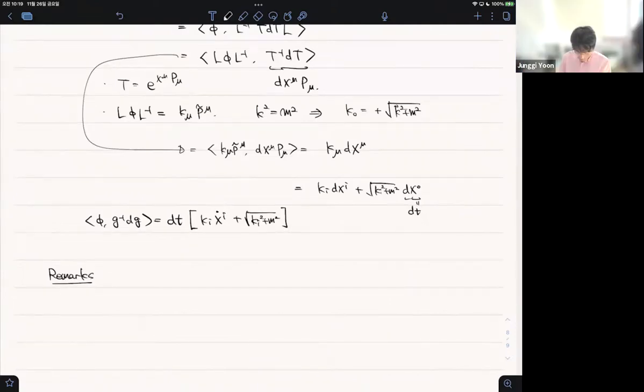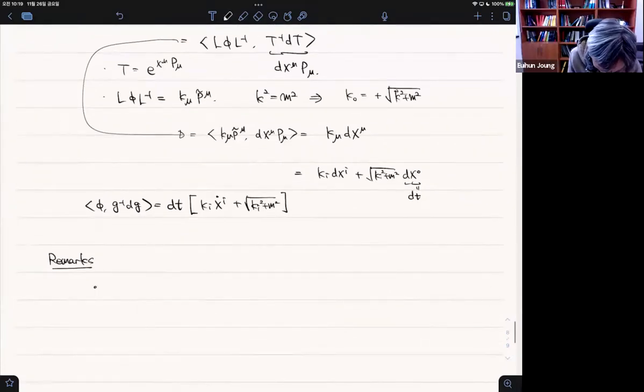Here the remark is the following. Suppose we want to impose this condition as a constraint. That's always possible. Then in such a case we introduce a Lagrange multiplier E and then K mu square minus M square.